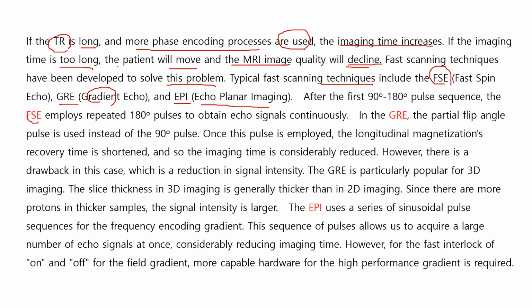In FSE, after the first 90 degree, 180 degree pulse sequence, the FSE employs repeated 180 degree pulses to obtain echo signals continuously.